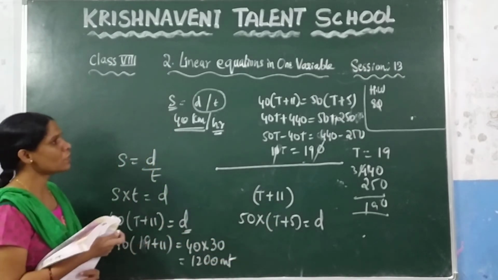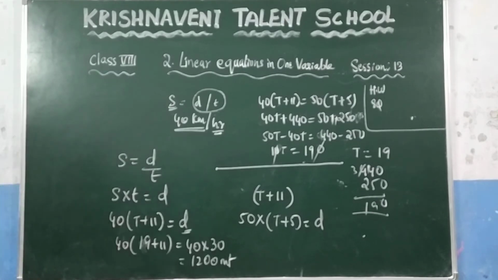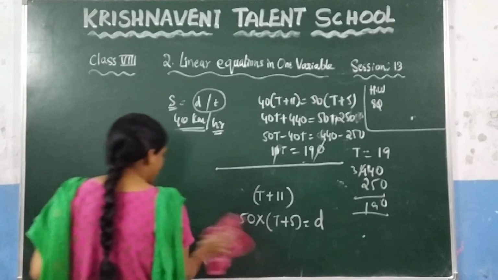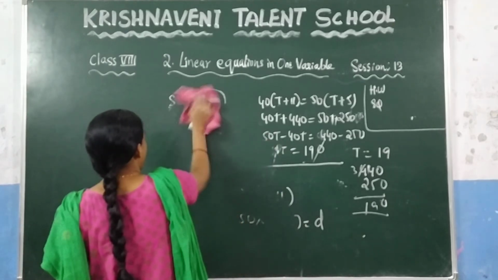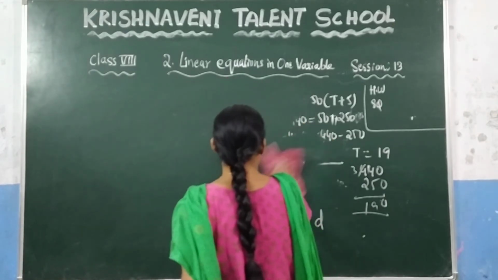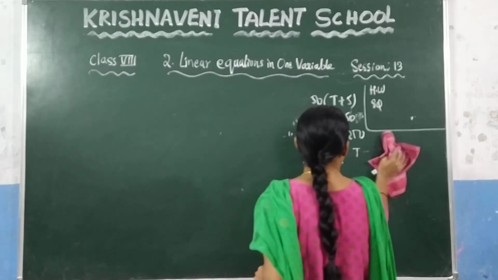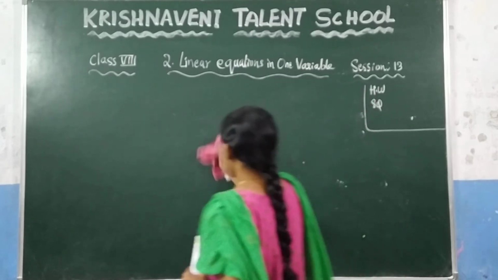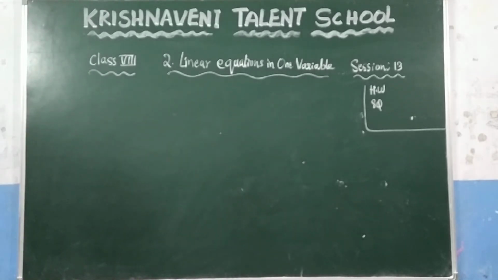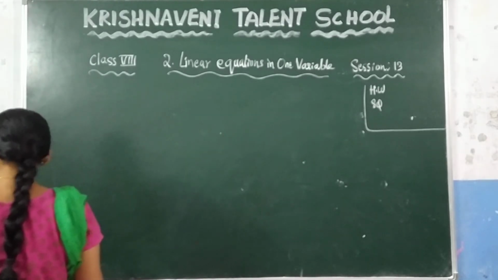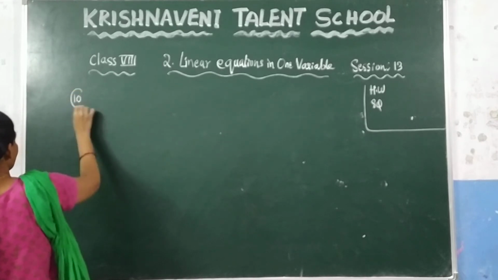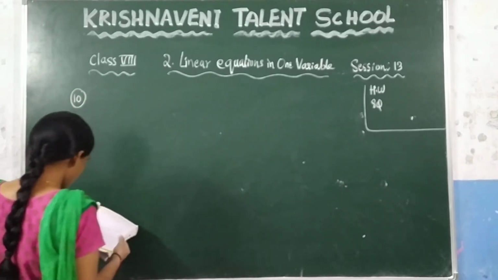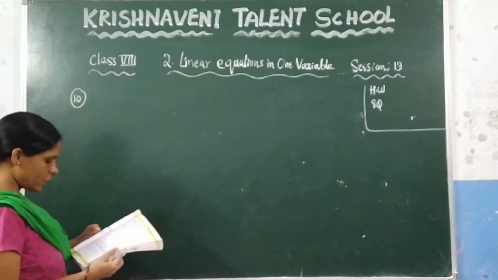This is the problem. Now I will write it. So here the 10th question, what's given here? If a train runs at a speed of 40 kilometers per hour.